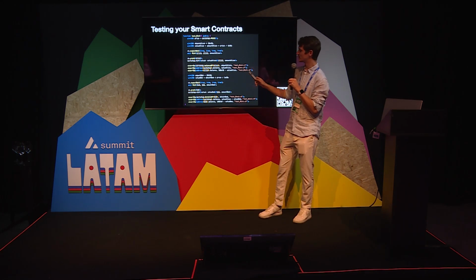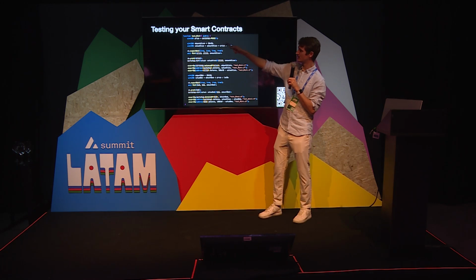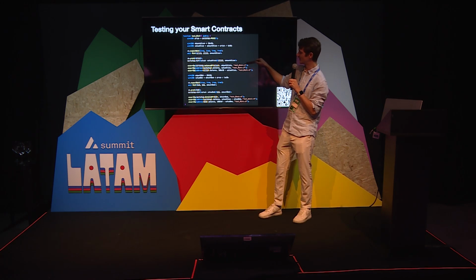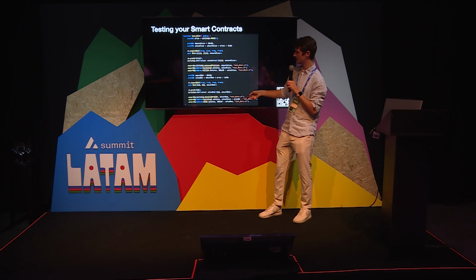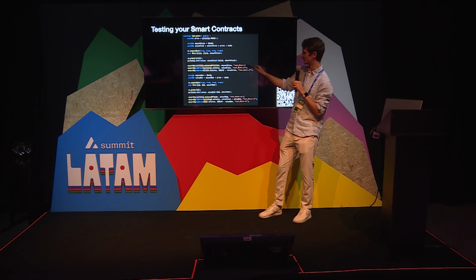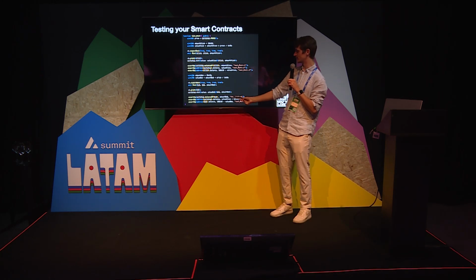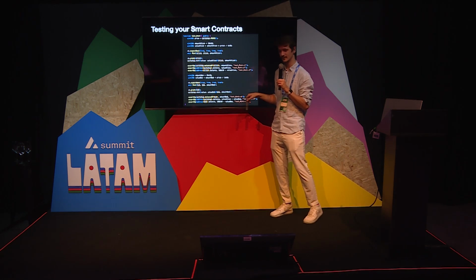What I would suggest is to always name the return as the name of the function plus the iteration of where it happened, so it's 1, 2, 3. That way, if it reverts here and you didn't put that, it would just say this test failed, but you don't know how or when or where. By just adding those little names, it will say it reverted with this error, and so you know it's because of that, for example.